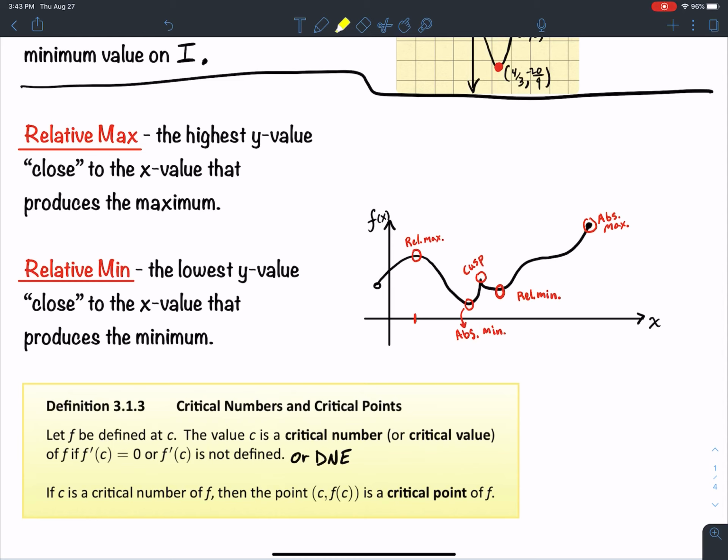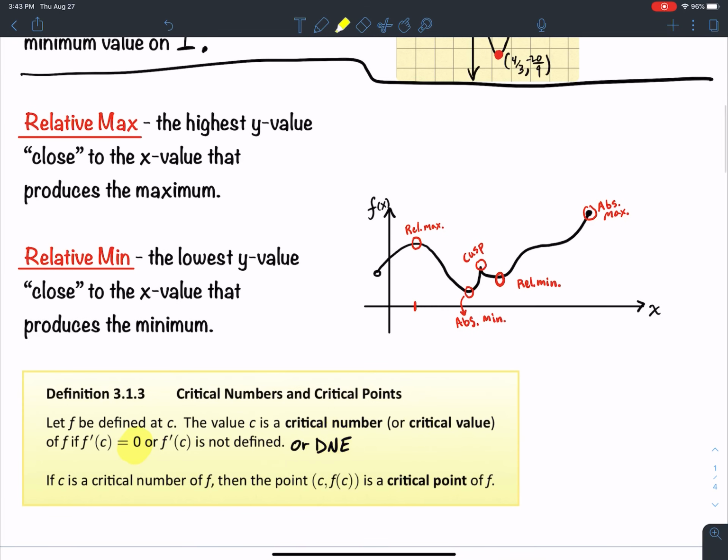So if you take a derivative, and when I plug in the c number it equals 0, or it does not exist, it's undefined at that point, then that tells me I'm dealing with a critical point. If the number c is a critical number of f, then the point is a critical point.